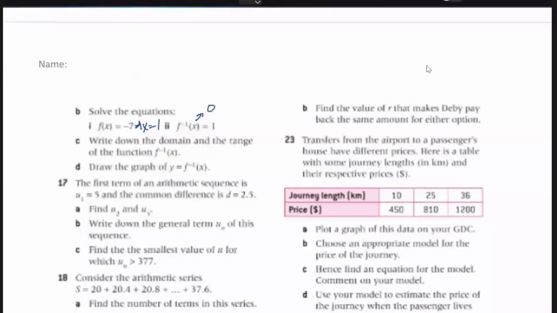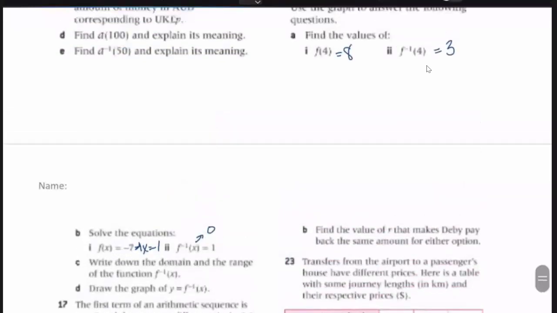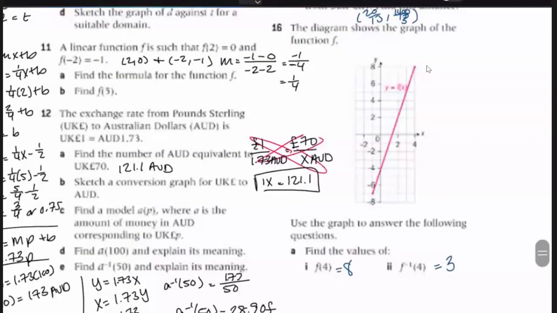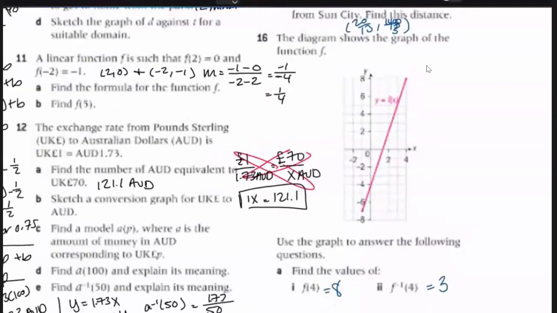And part C, write down the domain and range of my inverse function. Notice here, it's probably easier to see on your paper. I guess I can zoom in. You do have endpoints.